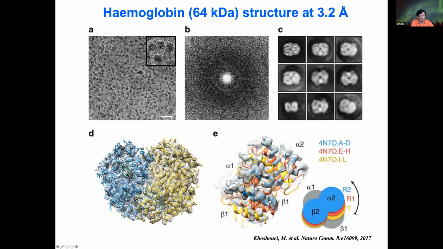Shown here in gray is the electron density map, and the yellow and blue sticks are the atomic model for the molecules. Using this procedure, you can find three different conformations of the molecules: the R1 relaxed conformation, and then the tight conformation. This is actually the first example of the allosteric conformational change of a macromolecular complex.